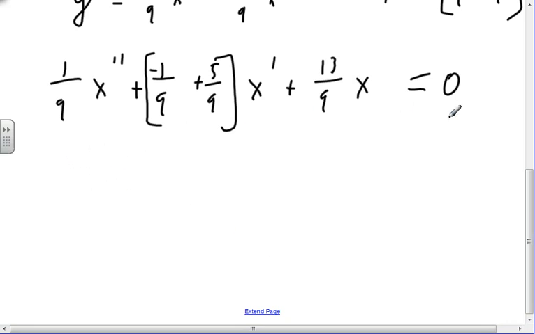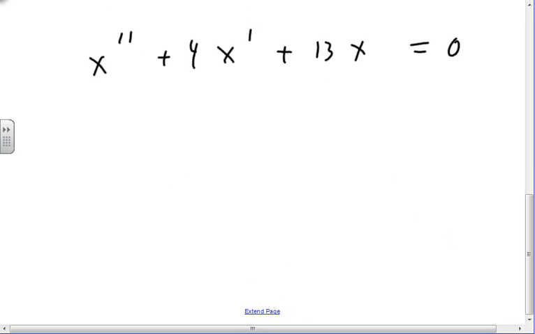I'm going to multiply everything through by 9 so I don't have to deal with a 9 anymore. x double prime plus 4x prime plus 13x is equal to 0. Now that doesn't factor, which causes me great discomfort.